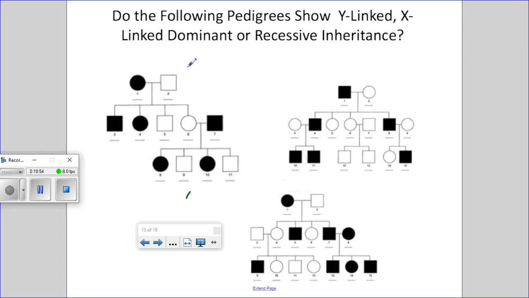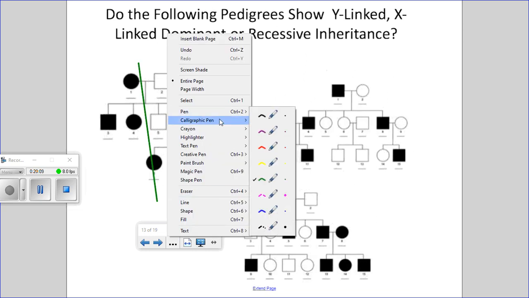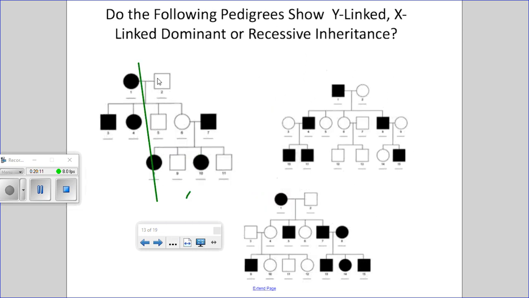So in the first pedigree here, we have an affected female. We have an affected female, an unaffected male, and then the children that result, we have an affected male and an affected female.